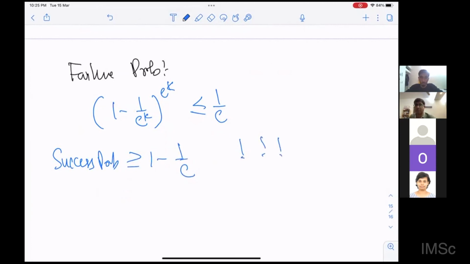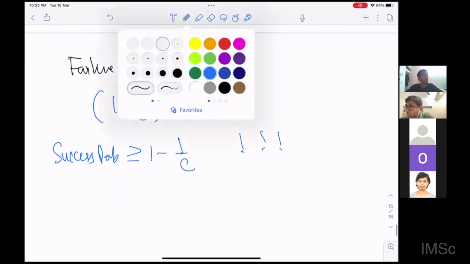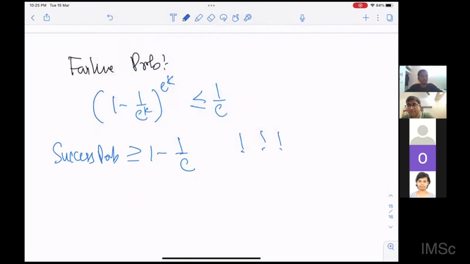So what is the running time of this algorithm? e to the power k times the running time of the partitioned vertex cover problem, which is some polynomial time. So what is this e to the power k number? f of k.